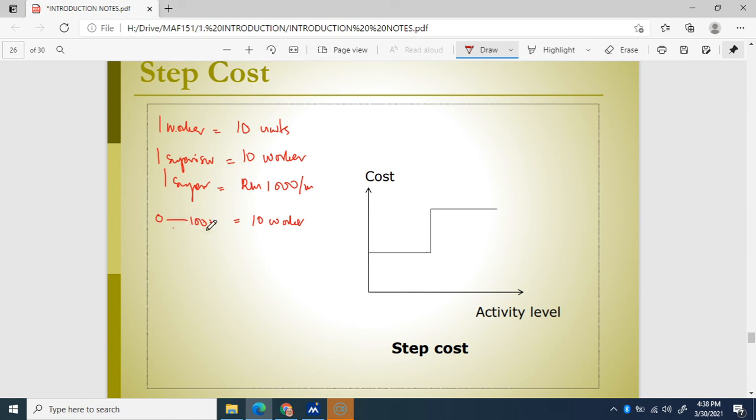To produce 0 to 100, you need 10 workers at the maximum for 100. So for 10 workers, you need one supervisor. So how much salary do you have to pay for one supervisor? 1,000.